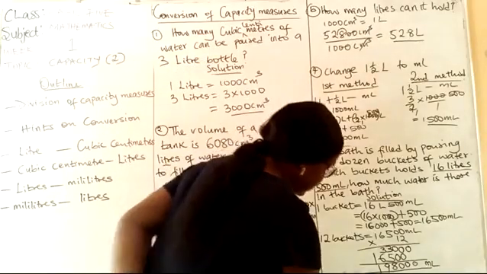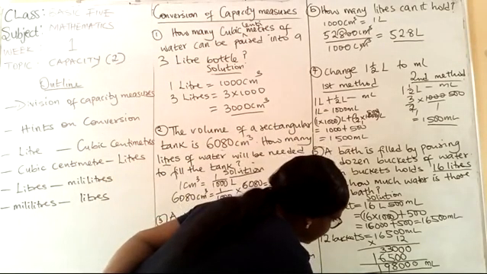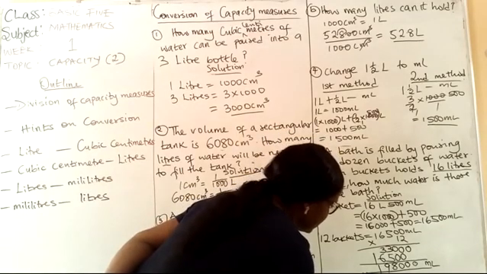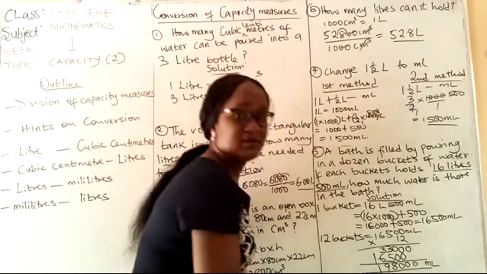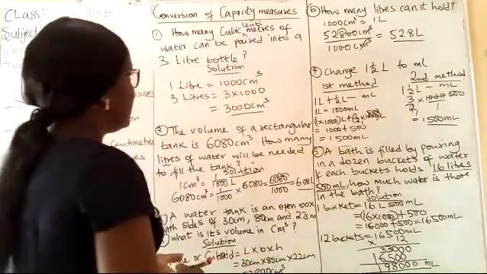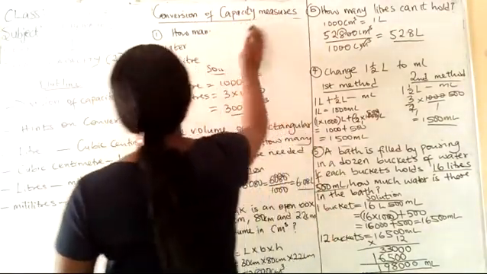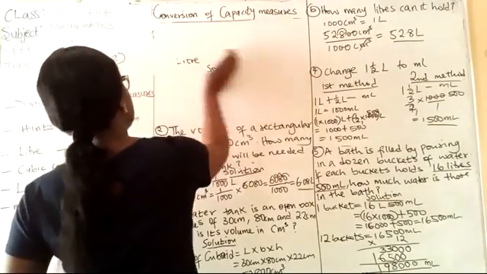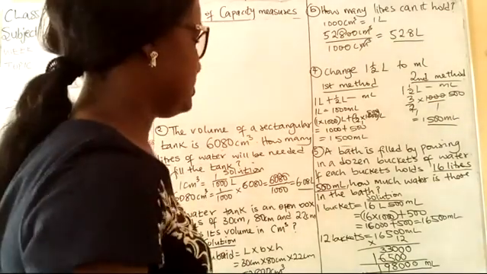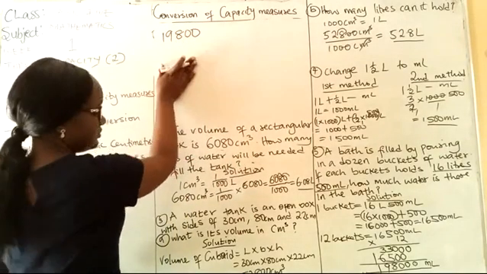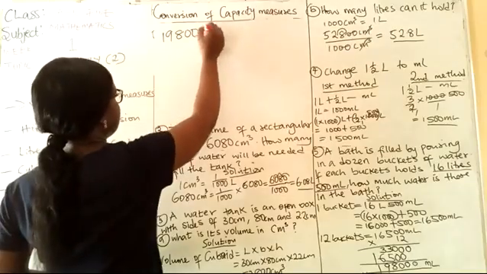So we simply solve, because 1000 milliliters will be giving us 1 liter. So we simply divide with 1000, okay? Can you see this? Let me bring it up so you can see what I'm doing. What we are trying to do is to convert this 198,000 ml.